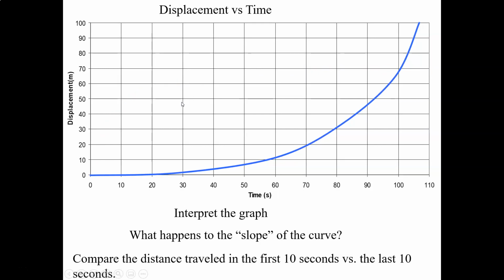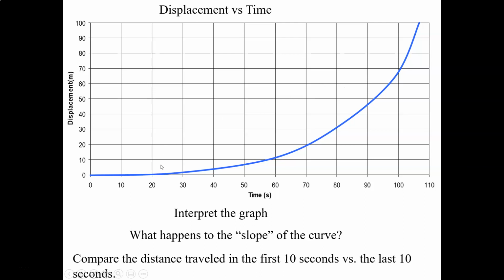What would this mean? Okay, what's happening to the slope of the line? What's happening to the curve of the line? Well, the slope of the line is starting out pretty flat, and then it's starting to rise and get steeper and steeper and steeper. So since the slope of the curve is increasing, okay, what do we say the slope of the line was? The average velocity.